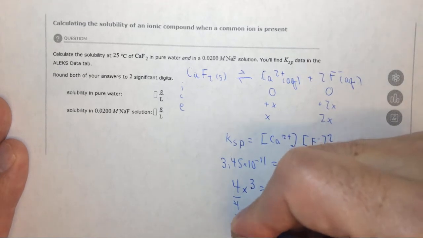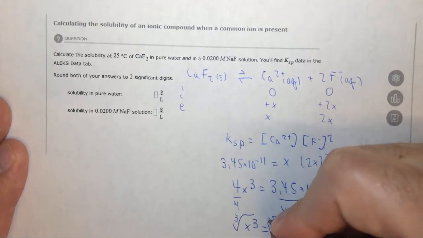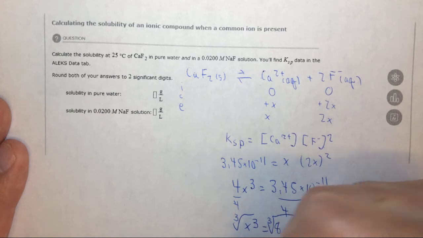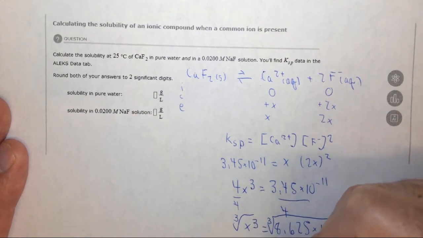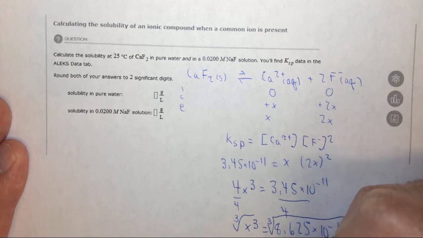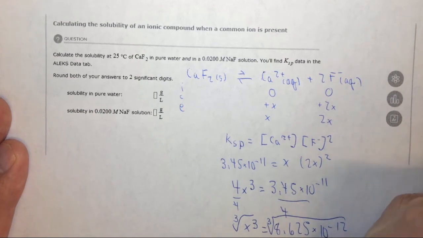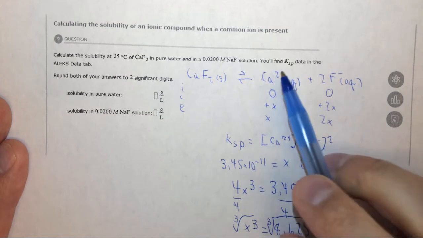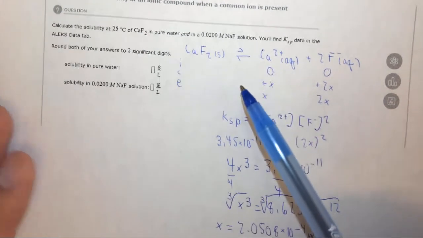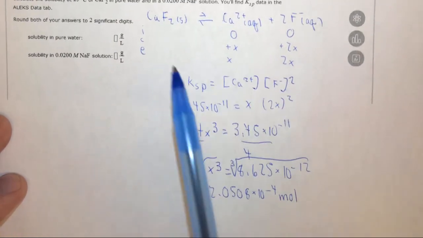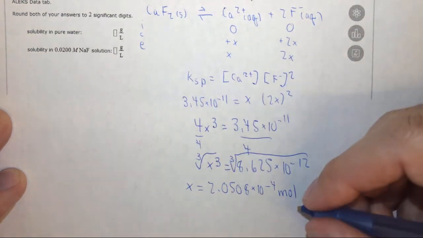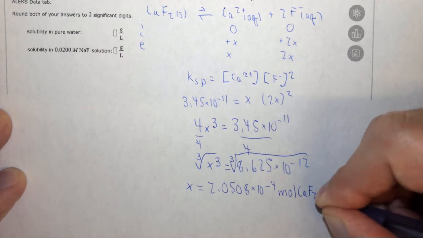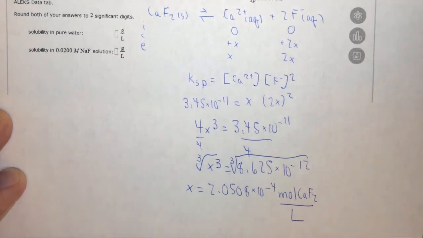Take the cube root of both sides, and we find that x equals 2.0508 times 10 to the minus 4. And that is moles of CaF2 per liter, because they're 1 to 1.